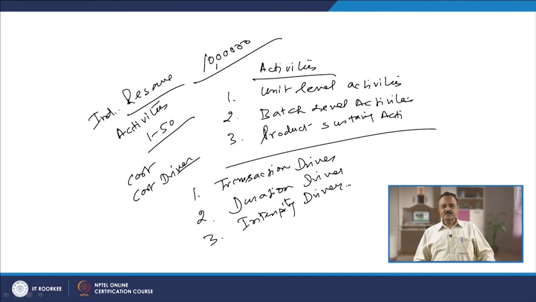So, these are the 3 different types of activities any firm performs, and these are the 3 different types of drivers we use, and then finally we develop a system which is called the ABC, activity based costing system.